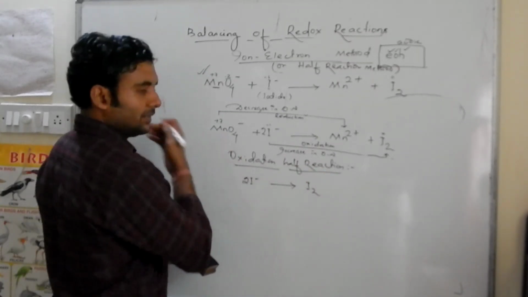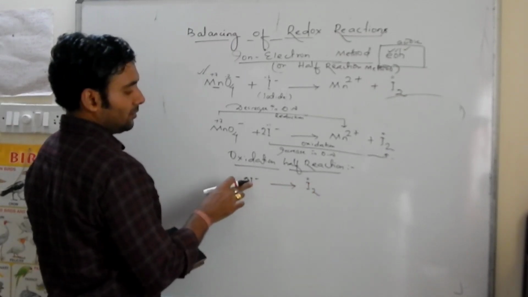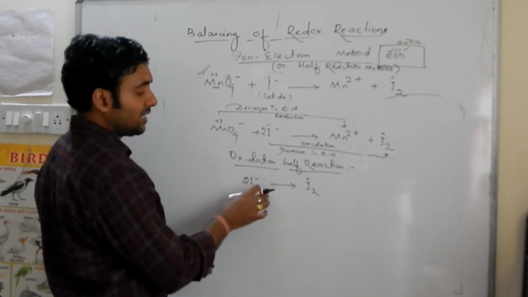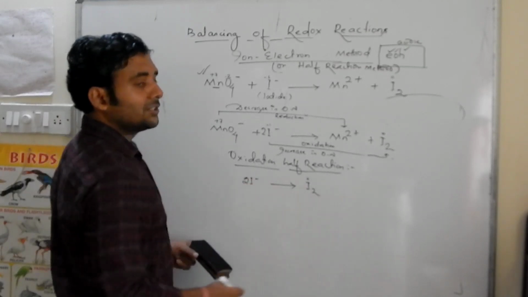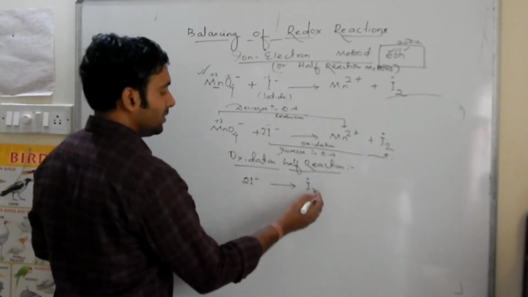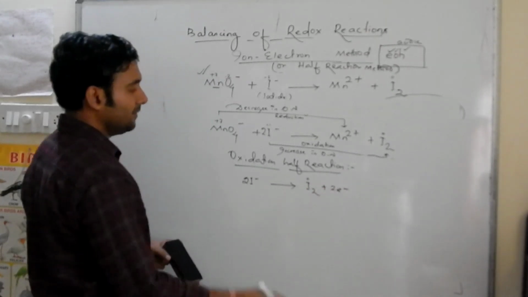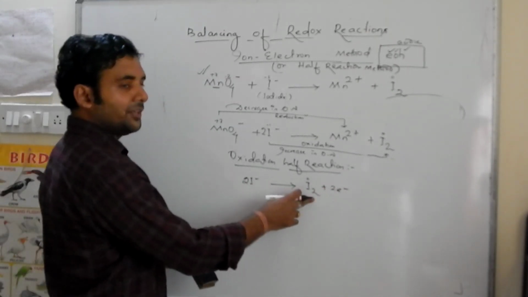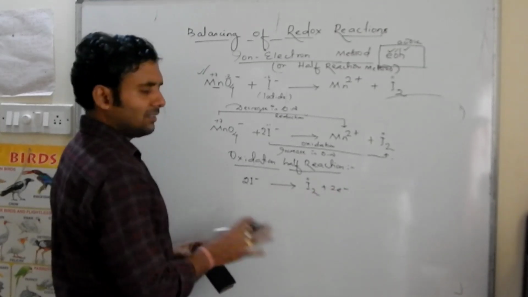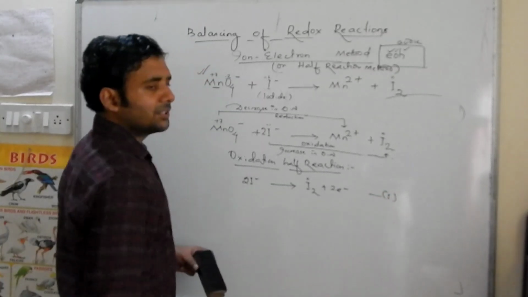Here 2I- means there are two negative charges. The product side is iodine, where the oxidation number or the charge is 0. So to balance this, you can write a loss of 2 electrons. When the iodide ion changes to iodine, it loses 2 electrons. There is no oxygen, no hydrogen, so this equation is already balanced. Name it as equation 1.